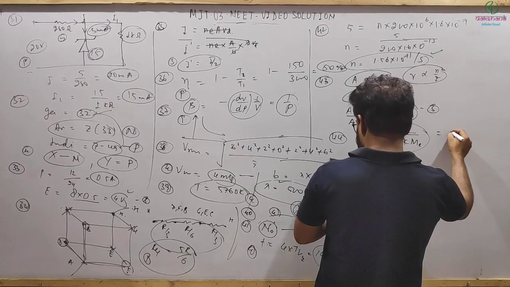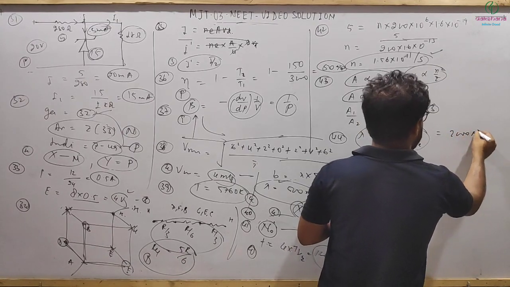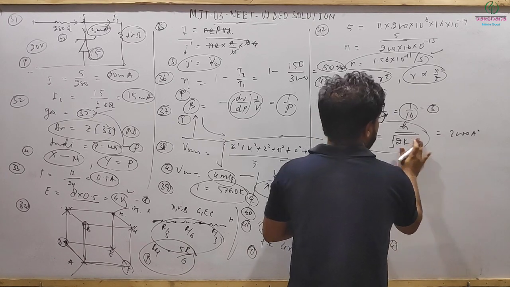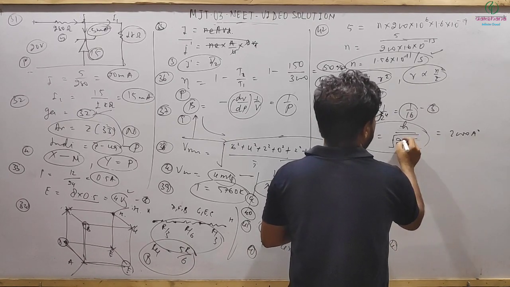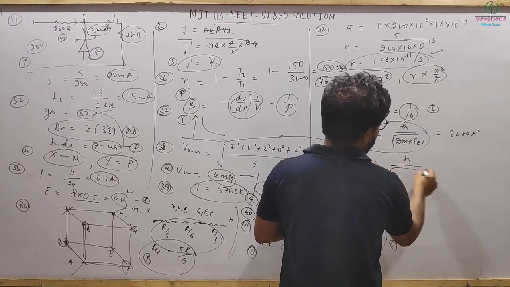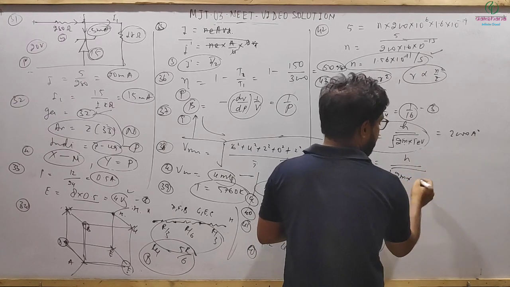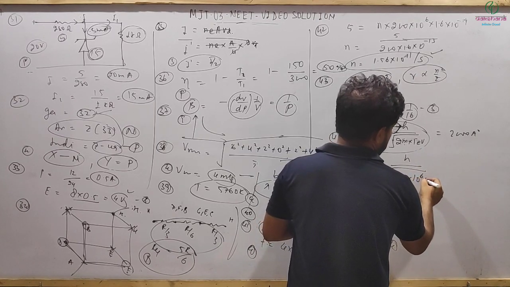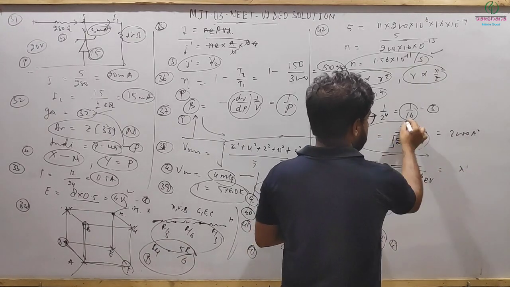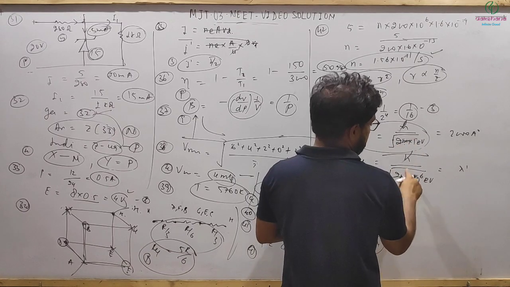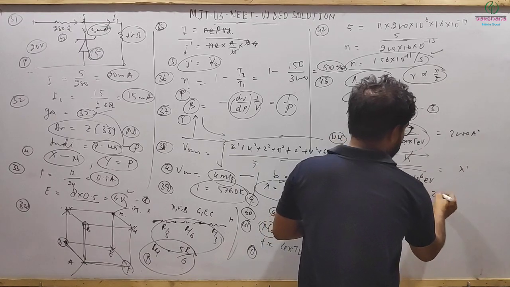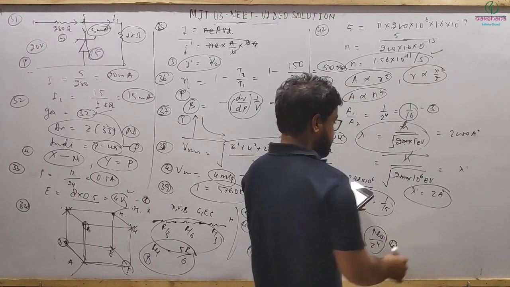Initially it's 2000 angstrom with K as 1 electron volt. Next, h by root over 2m into 10 to the power 6 electron volt is lambda prime. Substituting, things cancel, root over 10 to the power 3 gives, so lambda will be 2 angstrom, matching option number 2.